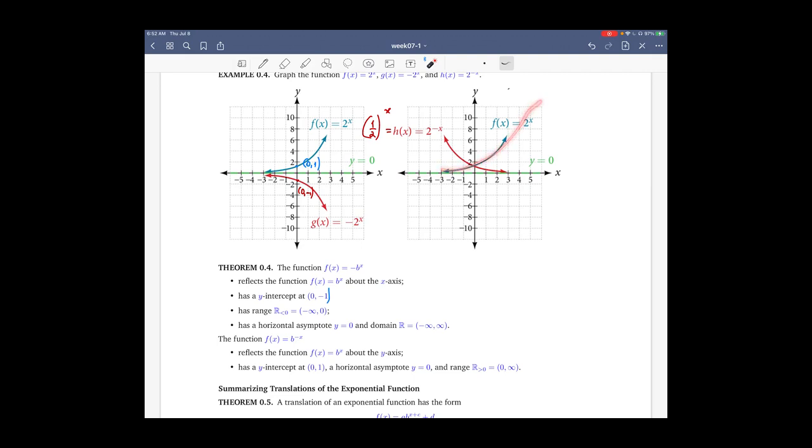Of course, what changes is the monotonicity. 2 to the power x was monotone increasing, 2 to the power -x is monotone decreasing.